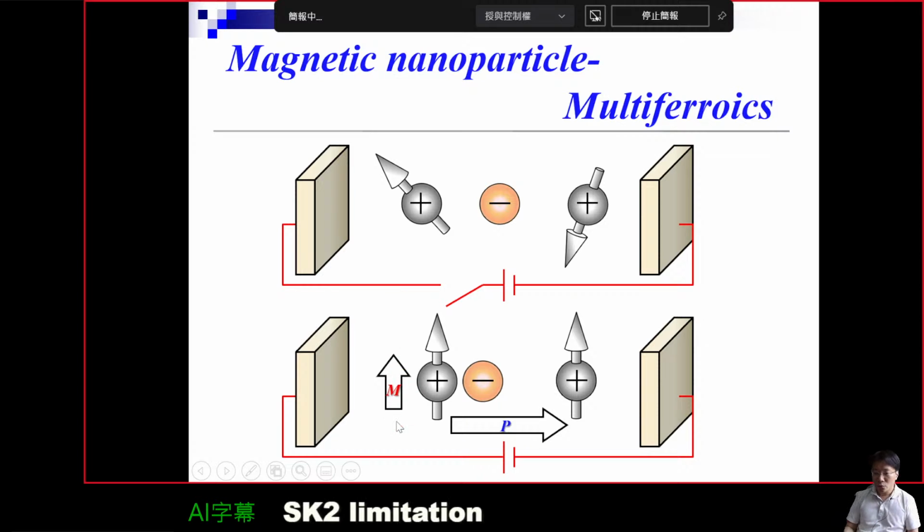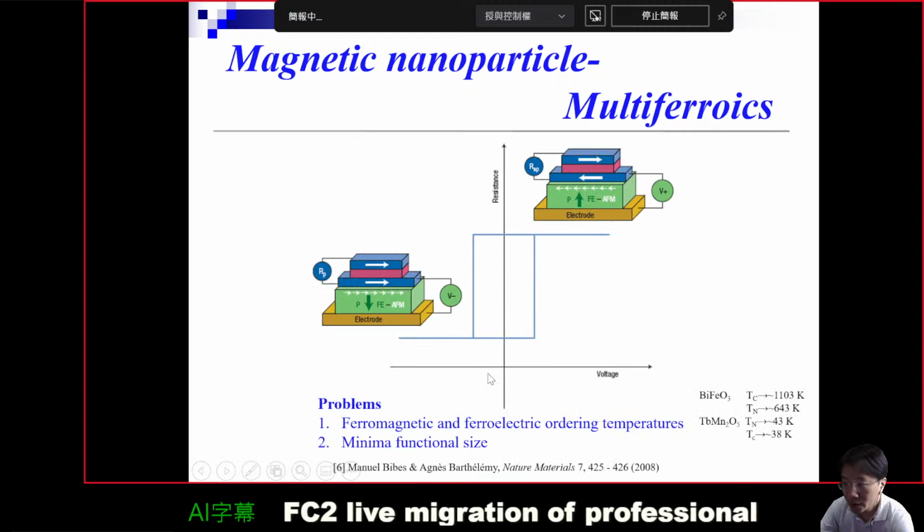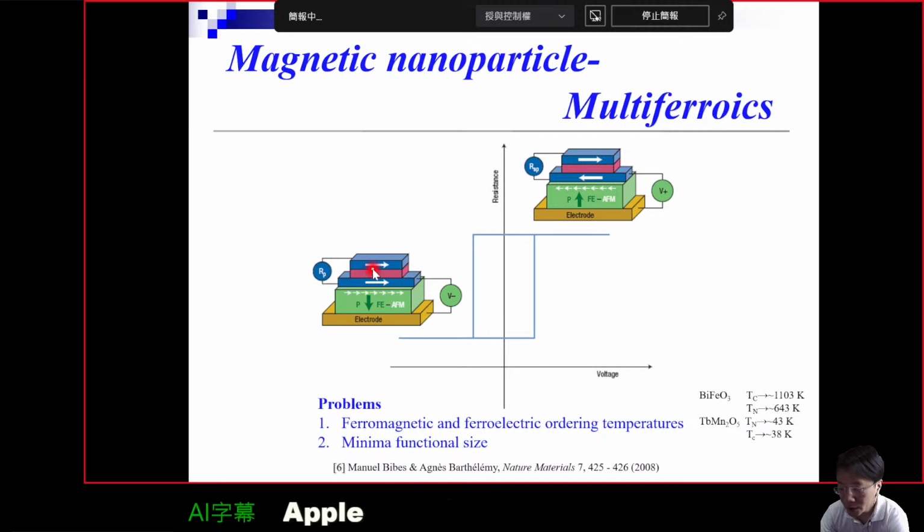So in this case, we may find application for this phenomenon. So here is an example. You can check these figures. In the bottom, let's just take a look at the right side figure. Here is an electrode, and above it the green color is the multiferroic compound, and this blue layer is made by a soft magnet, as we mentioned in the last class.